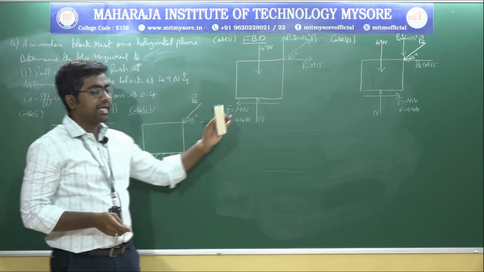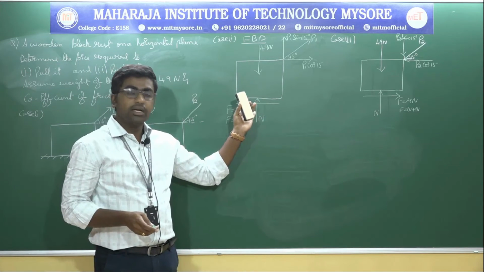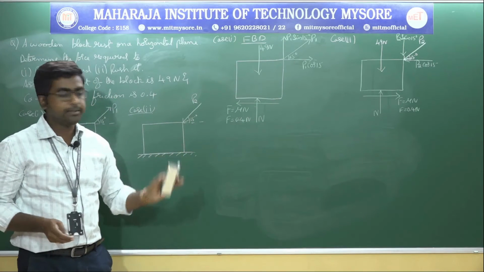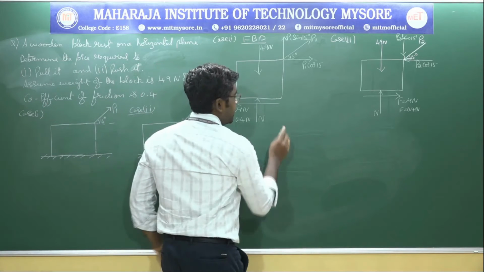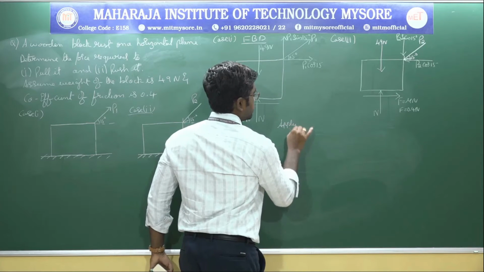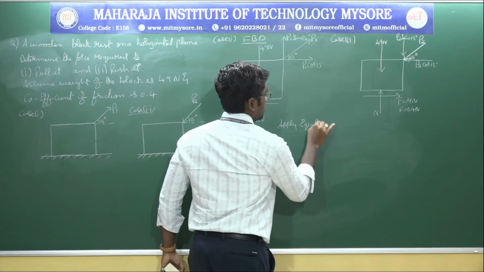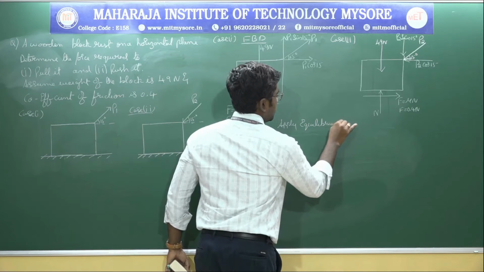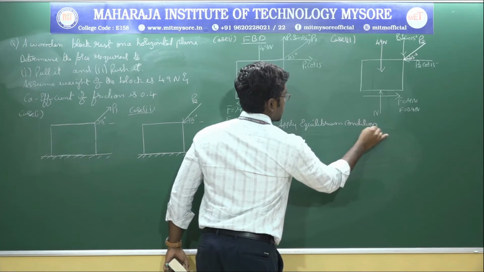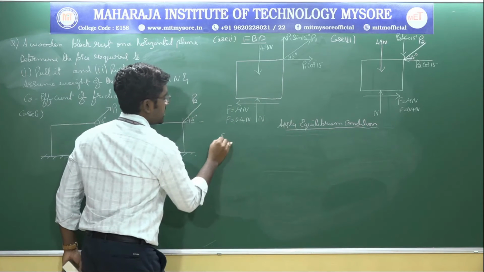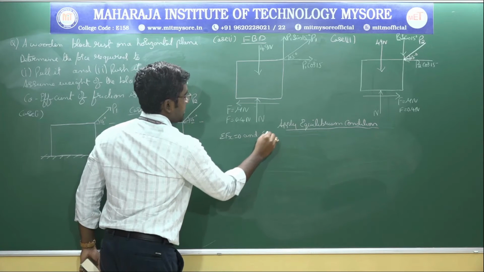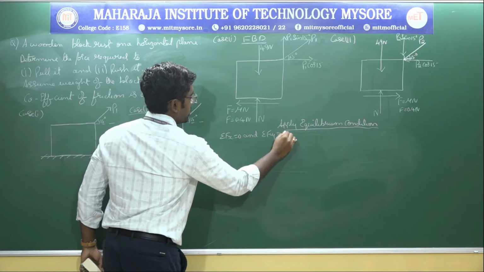Now I need to apply the equilibrium condition separately for each case. Apply equilibrium condition for this: summation of Fx is equal to 0 and summation of Fy is equal to 0.